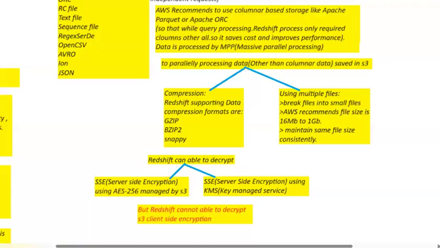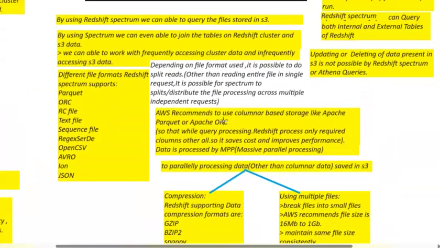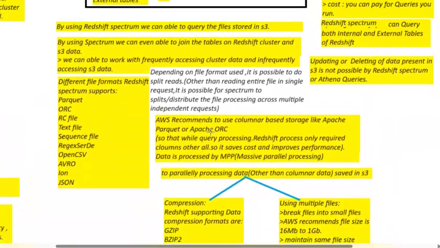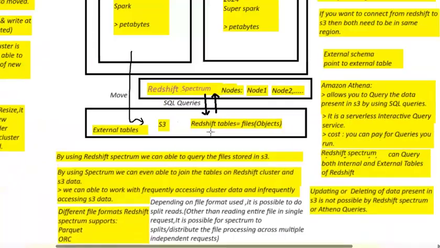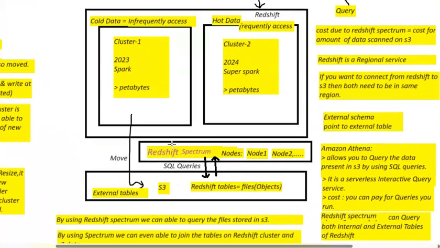So you have seen the different ways to process in parallel in Redshift Spectrum. And one more interesting thing: in order to access the files present in S3, Redshift Spectrum requires permissions, right?